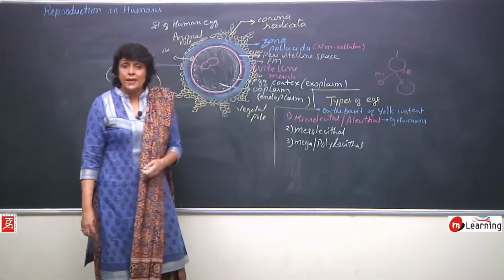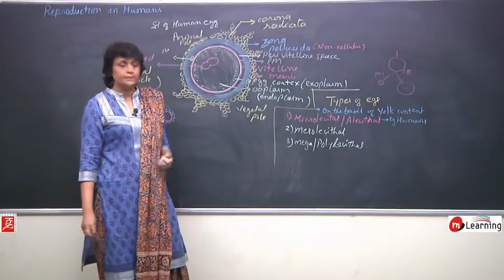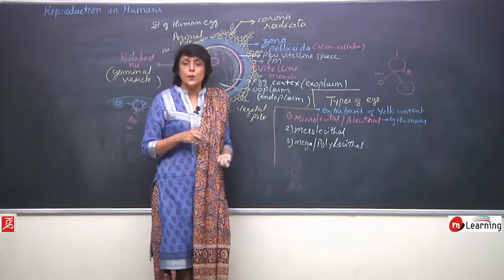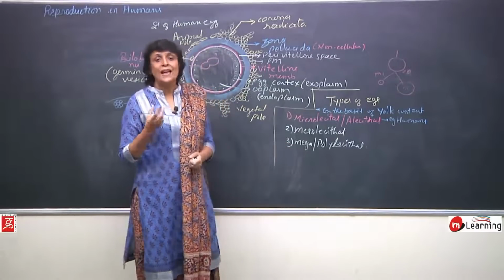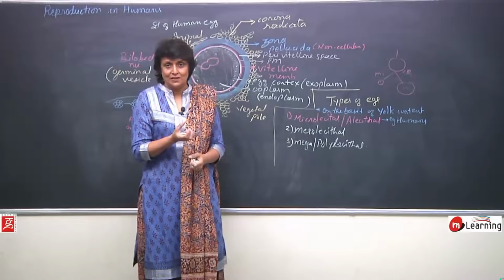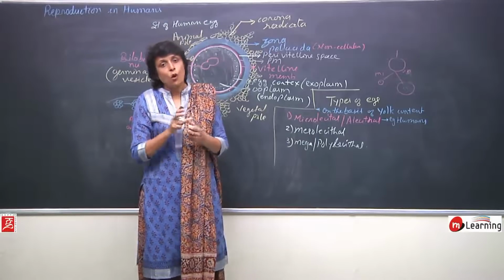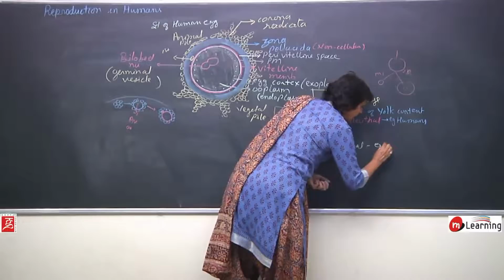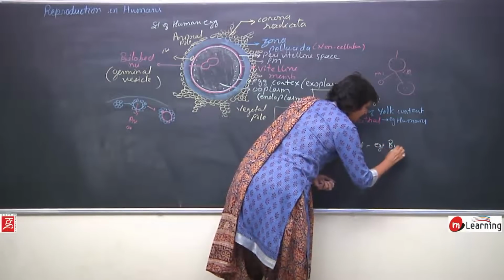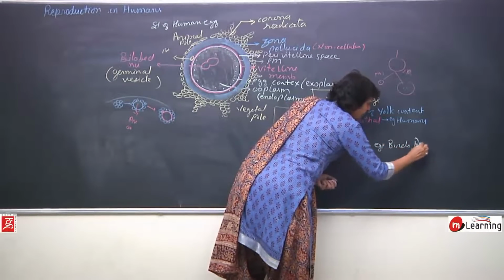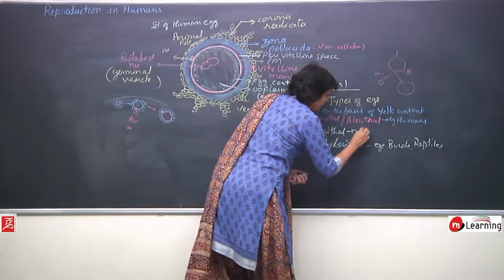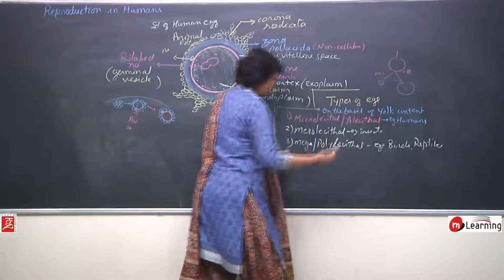The eggs of reptiles and birds contain a significant quantity of yolk, and that is why what hatches from the egg is a small animal. It is smaller in size, but all the structures are formed. So, in birds and reptiles, here we can write the example of insects.